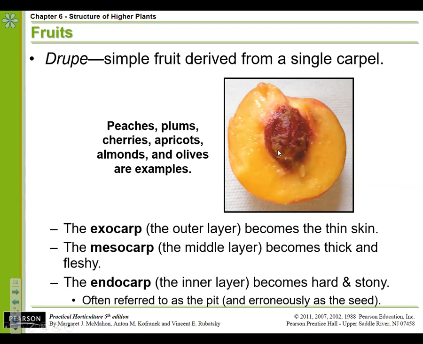What should be considered the pit is actually the seed on the inside of that endocarp. So we might plant that whole stone, but the seed is actually on the very inside of it.